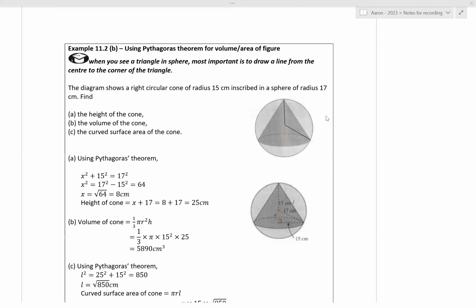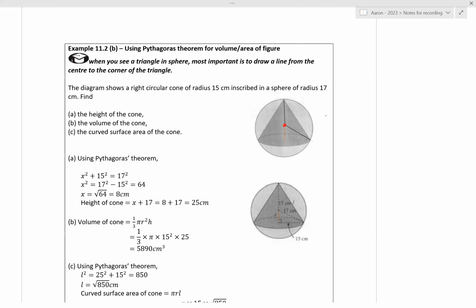So when you see a triangle in a sphere, what you do is to draw a line from the center to the corner of the triangle. Center of what? Center of the sphere. So this is what we call the center of your sphere. Same thing as how you will view a circle.